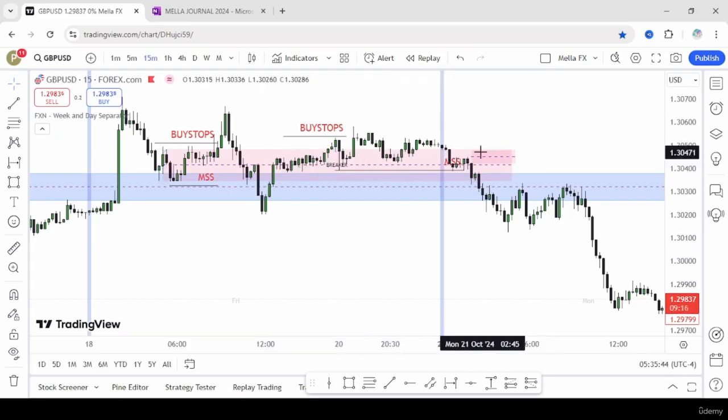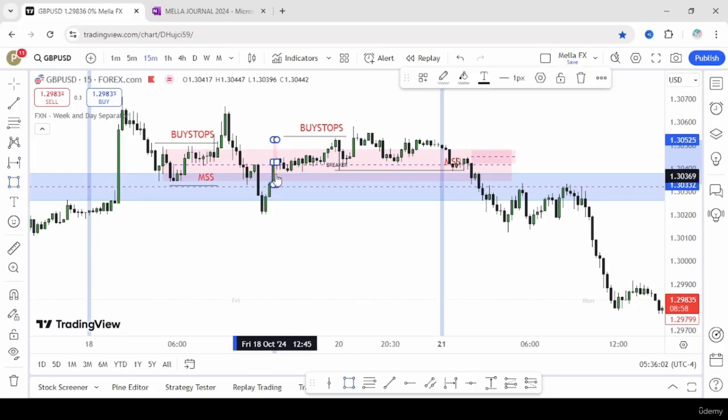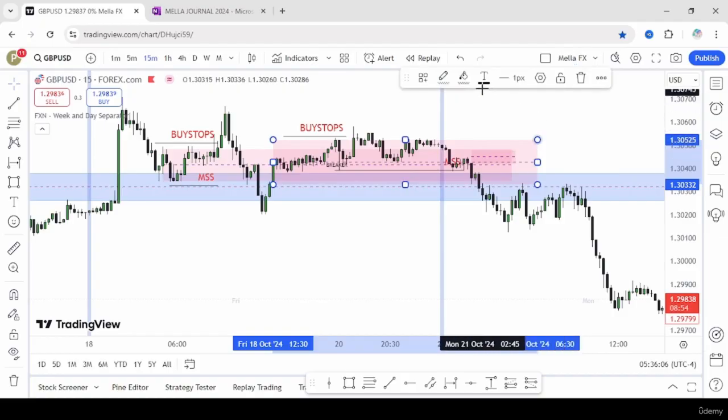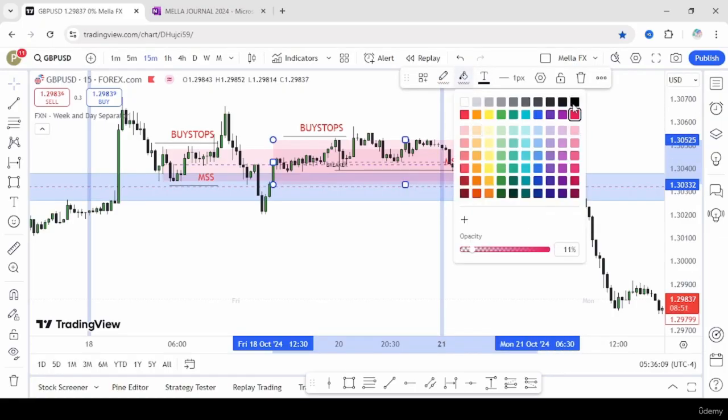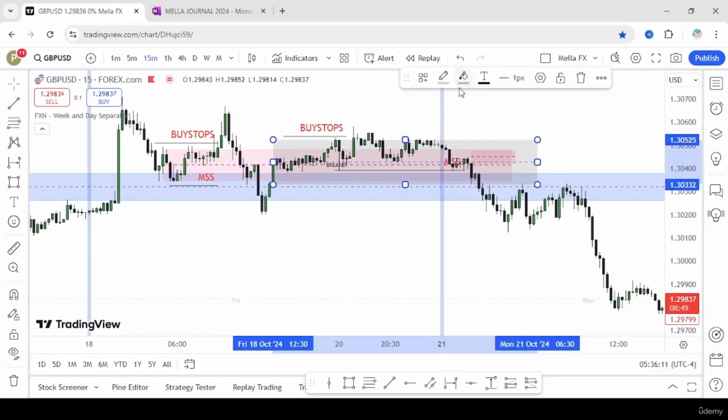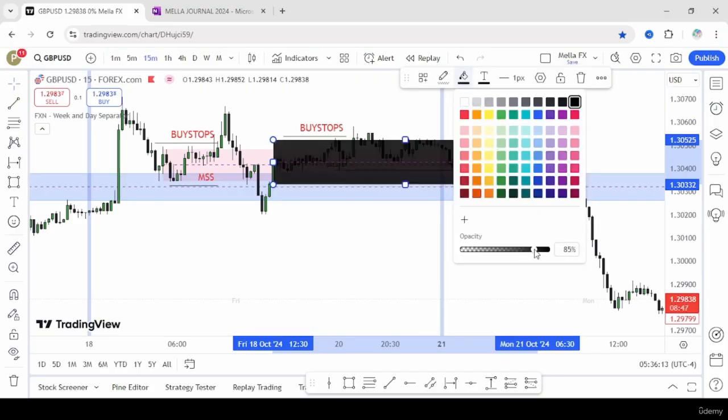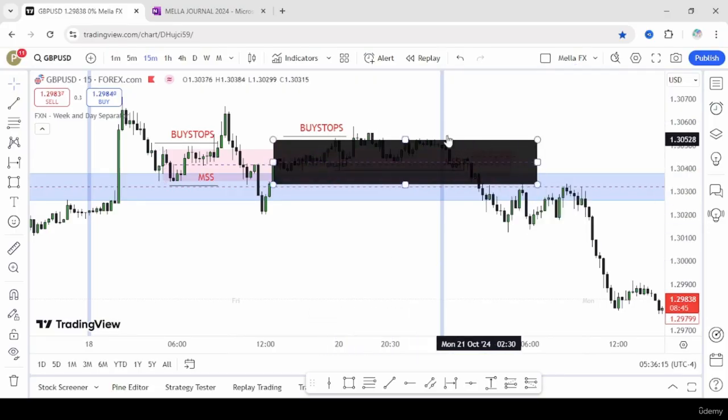You can see all of this is just consolidation. The key takeaway I'd like you to think about is, because this was not during the session, imagine if this whole data, we blocked it out. Let me place a shade of black, a deeper black.